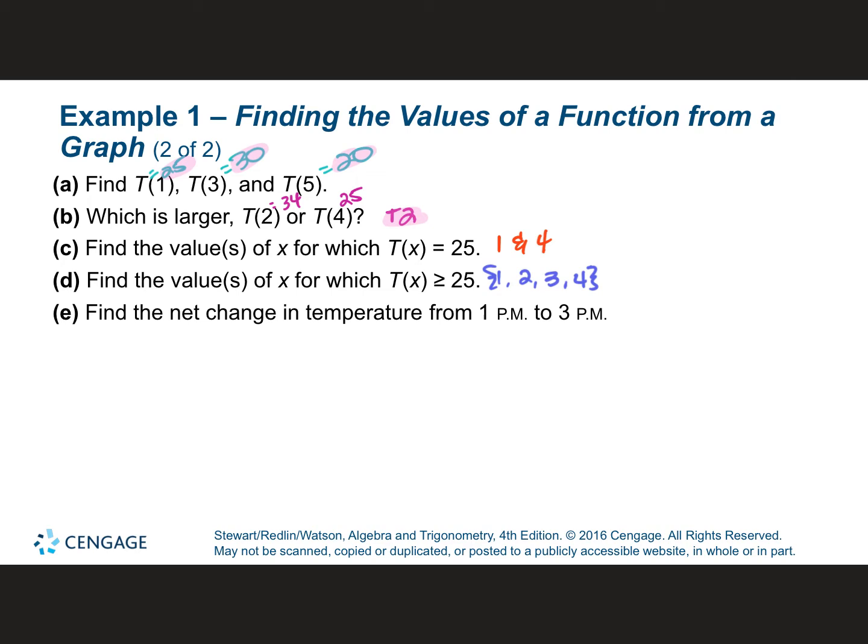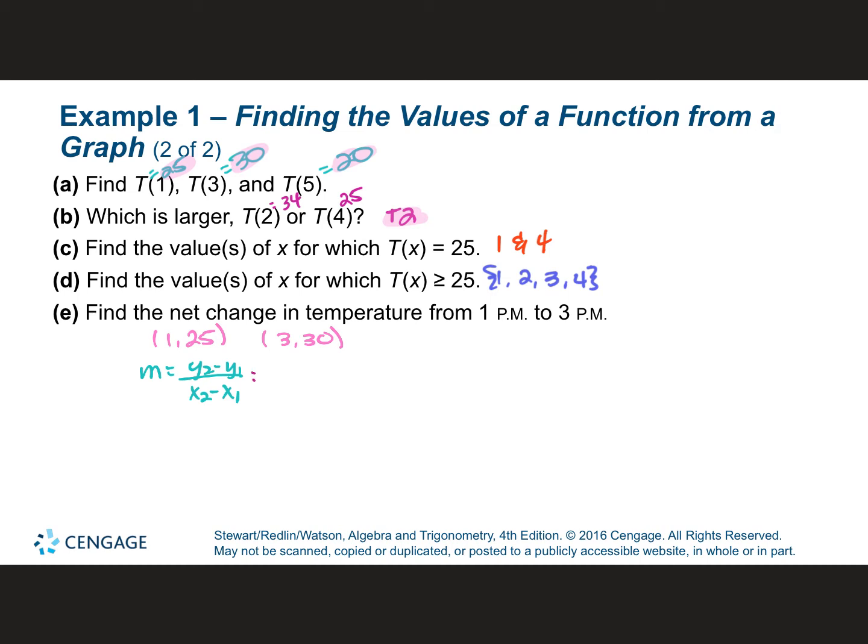For example E, it tells you to find the net change in temperature from 1 p.m. to 3 p.m. Net change with these is the same thing as slope. Find your slope between the point for 1 p.m. and the point for 3 p.m. We're going to use 1 comma 25 and 3 comma 30, and the formula for slope, so y2 minus y1 over x2 minus x1.